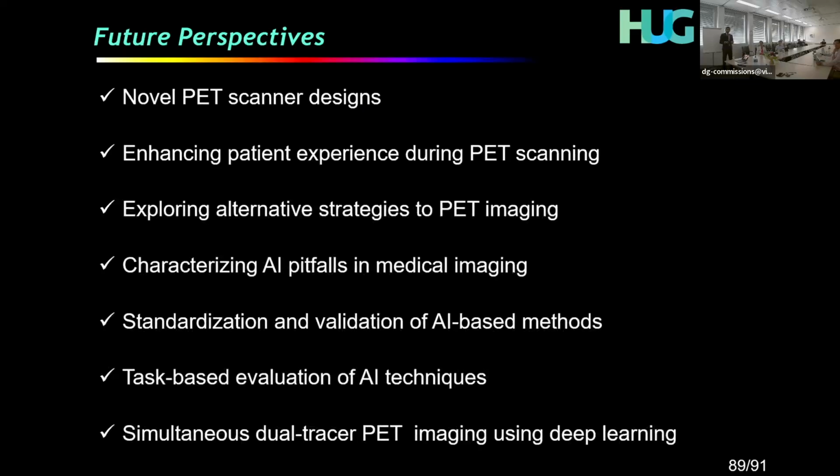And future perspective is about working on novel PET scanner design, enhancing the patient experience during the PET scanning, exploring alternative strategies to PET imaging like MR to PET, and characterizing AI pitfalls in medical imaging, which is a very interesting area of research these days, and the standardization and validation of AI-based methods. And of course, working on task-based evaluation of AI techniques is a very important thing which we plan to do, and simultaneous dual receptor imaging using deep learning is another area of research.